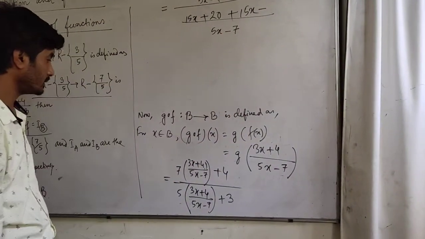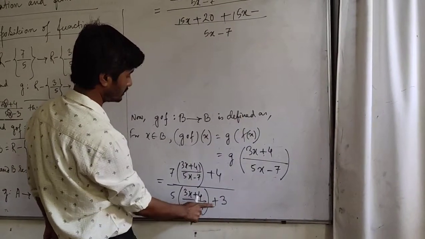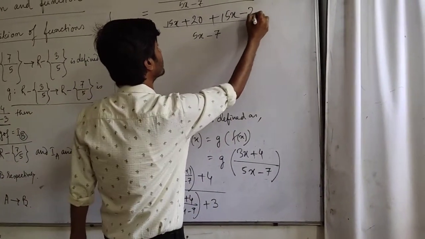Now it should be minus 21: 3 into 5 is 15 and 3 into 7 is 21.